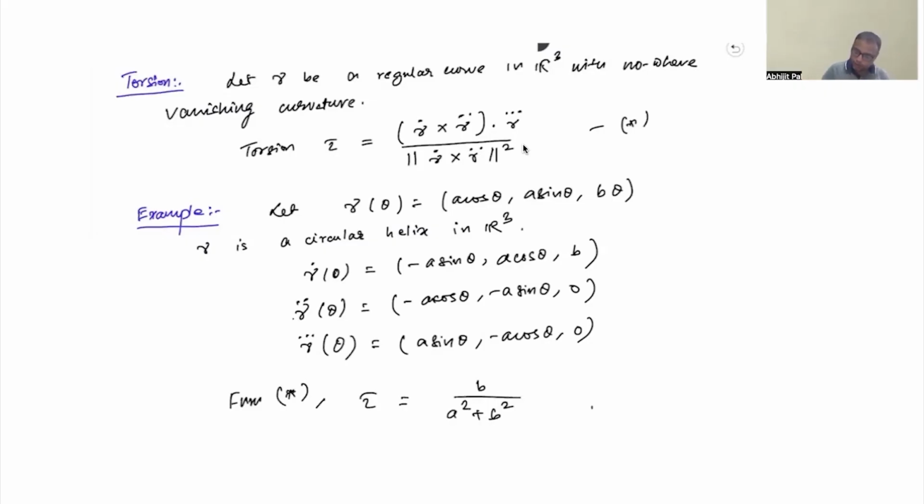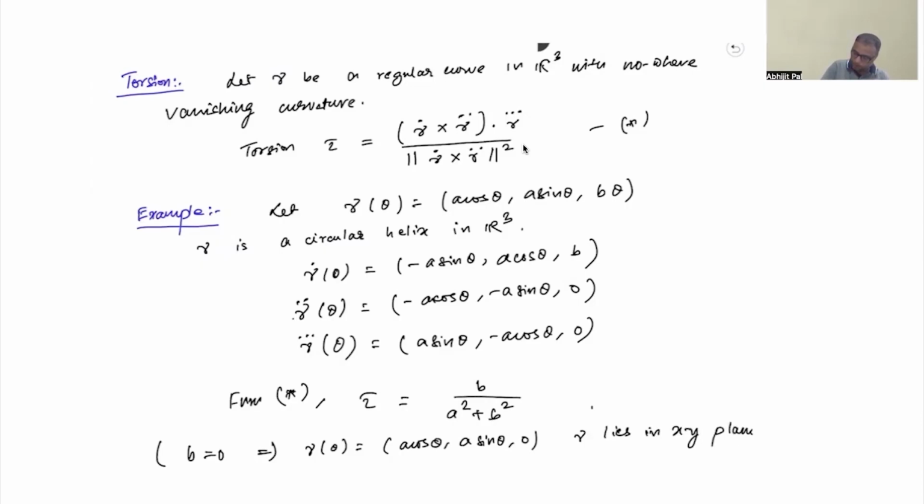Here you can observe that if I take b equal to 0, then gamma theta is (a cos theta, a sin theta, 0), so gamma lies in the xy plane.